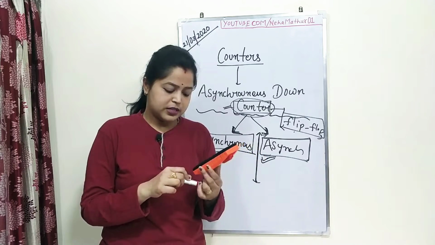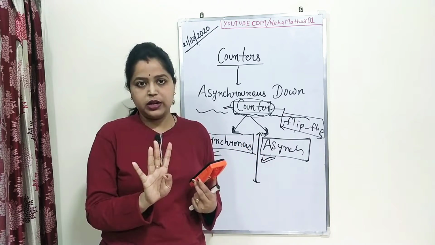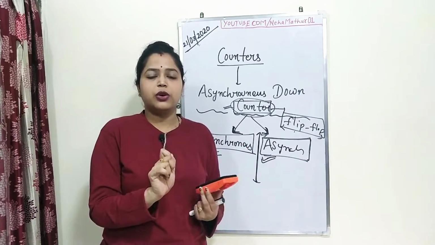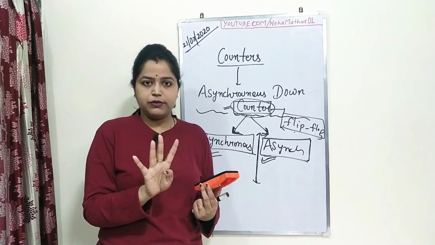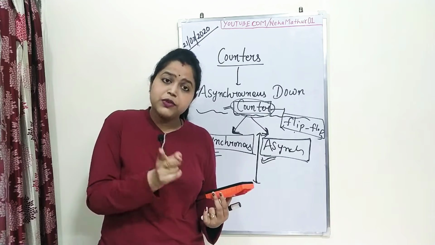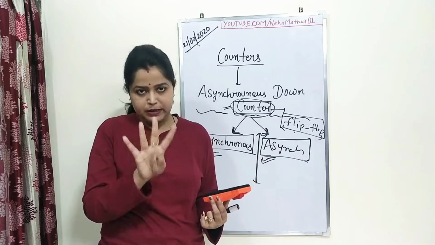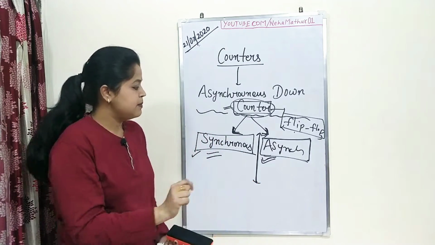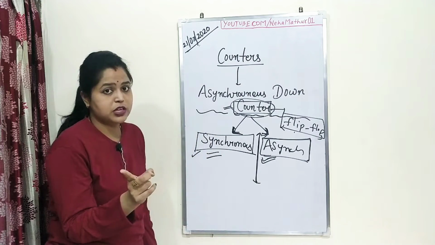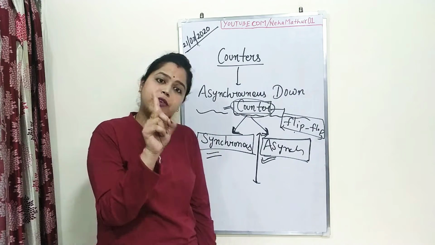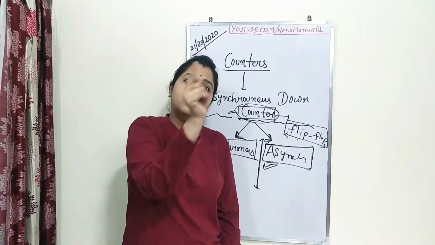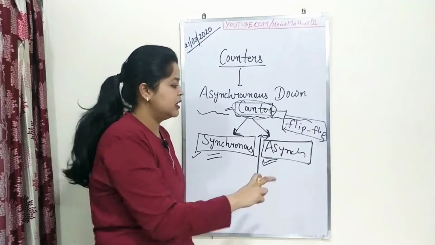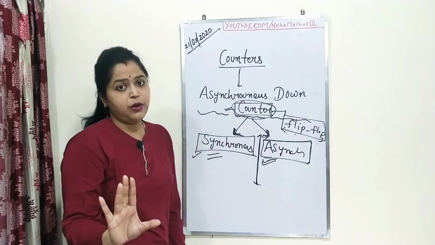Suppose you are trying to design a 4-bit counter, that is, you are going to take 4 flip-flops. If you have 4 flip-flops and for each individual flip-flop you have its own clock pulse, such a counter comes under the category of synchronous counter. While if you have only one clock pulse to start the first flip-flop, such a counter comes under the category of asynchronous counter.